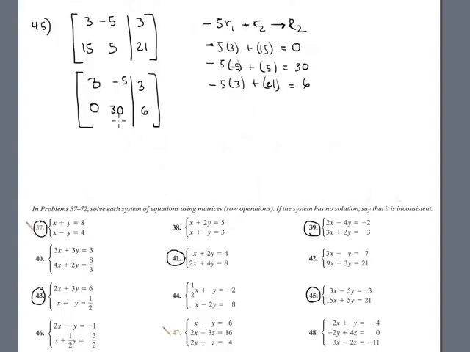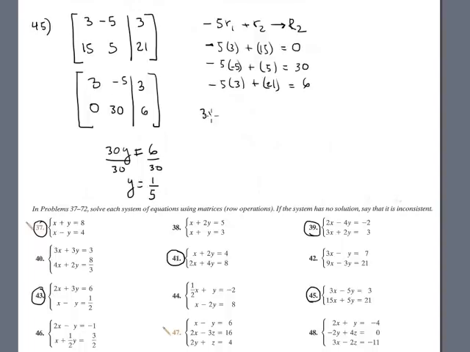Okay, so now the last equation is 30y equals 6, divided by 30 both sides. Y is equal, reducing to lowest terms, 1/5. Okay, now substitution in the first equation.